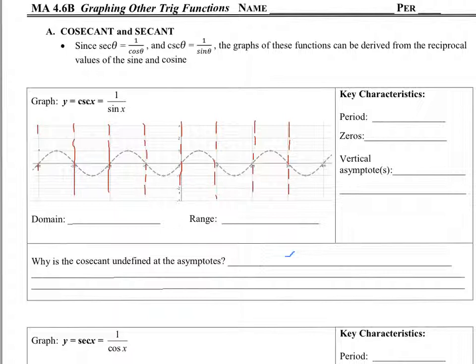Okay. So now in between all these red dashed lines where the cosecant is undefined, that's where the cosecant is going to exist. And basically the cosecant is flipped upside down. It's a reciprocal value to the sine. And it lives in between the dashed lines, touching the sine at exactly one point, and then heading off toward positive and negative infinity.